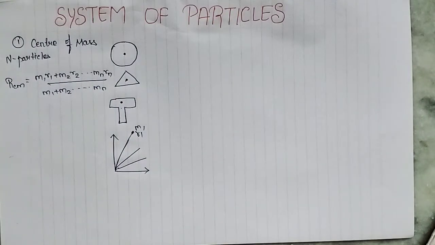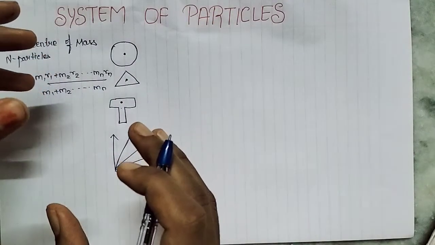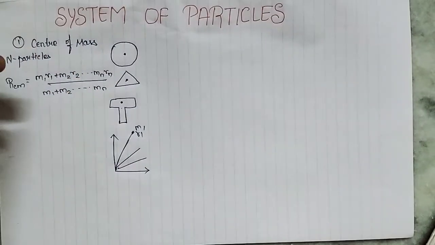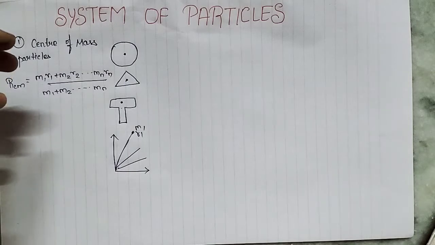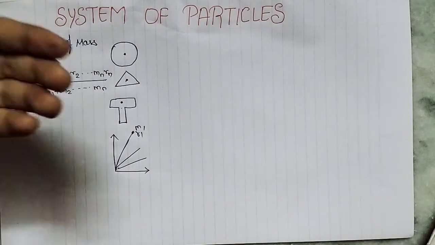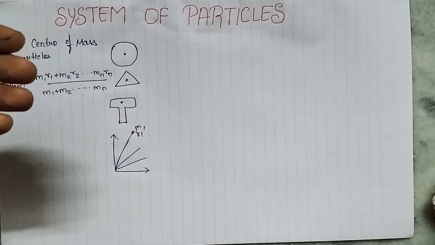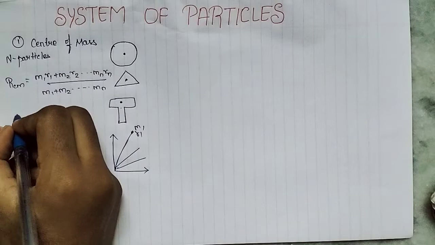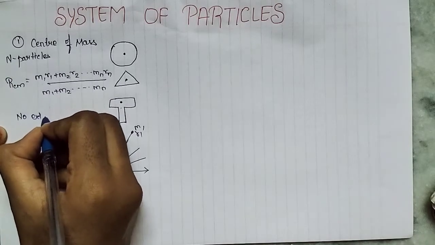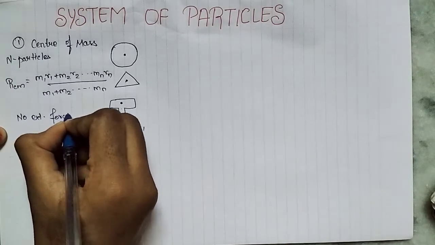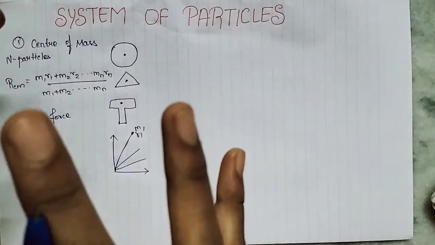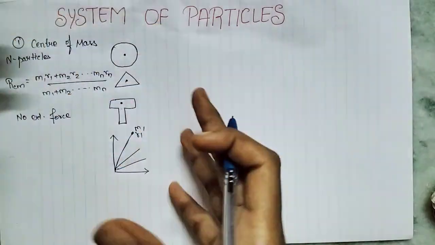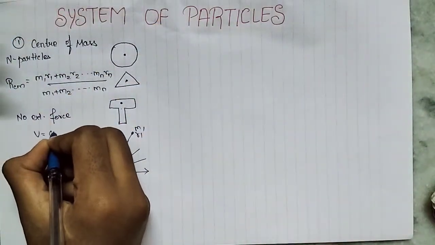Shall we move further? One more important point: if the particle is not subjected to any external force, in the absence of any external force, the velocity remains constant. With no external force, the center of mass won't change, and the velocity remains constant.